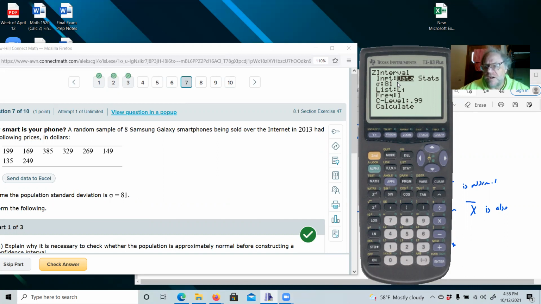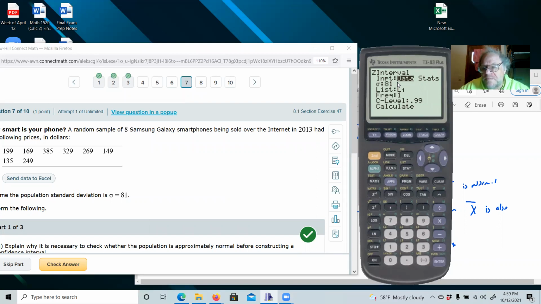And when it's asking you, it's like, well, you said it was data. Where would you like me to find all these numbers? List one, please. Frequency: if you have a lot of numbers to enter, you don't have to enter them all. If I had 3 prices that were $149, I could instead put a frequency list in here as well.